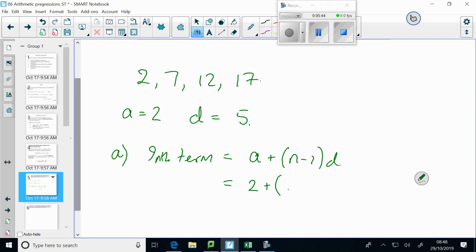We're looking for the 9th term minus 1. We're going to multiply that by the common difference, D, which is 5. And you said it equals. So that's 8. 8 times 5 is 40. Which is what you said.